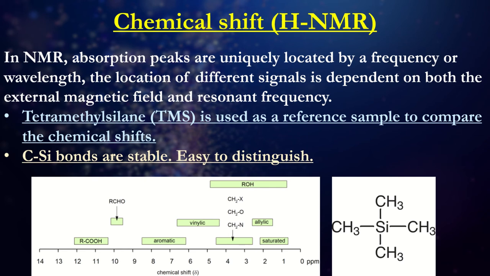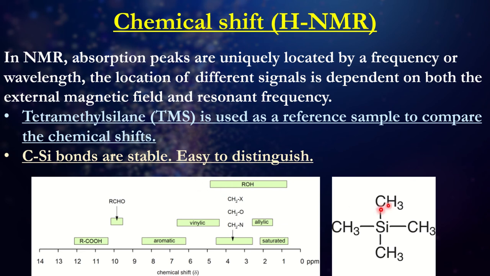Okay, so there's that. Now, the whole point of looking through the structure is obviously to easily distinguish the type of bonds we're dealing with. Now, we do need to use a reference point just because the variations in magnetic fields and shielding can cause a little bit of an issue of working out what the sample is. So we use a standard sample called TMS, tetramethylsilane, and it's used to compare these chemical shifts.